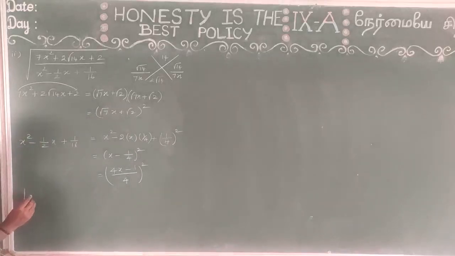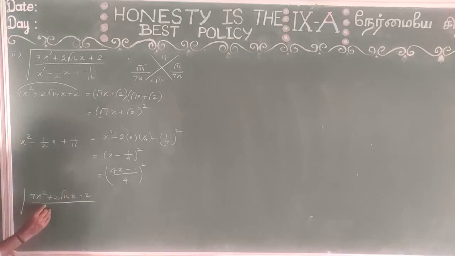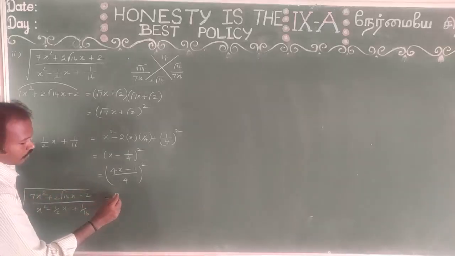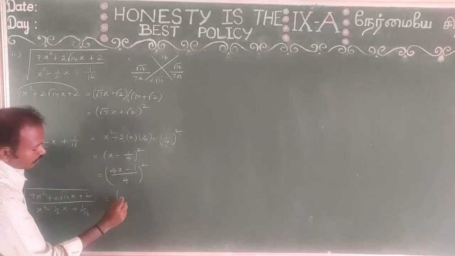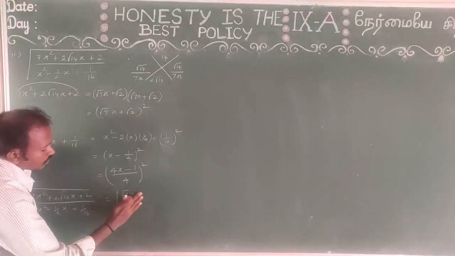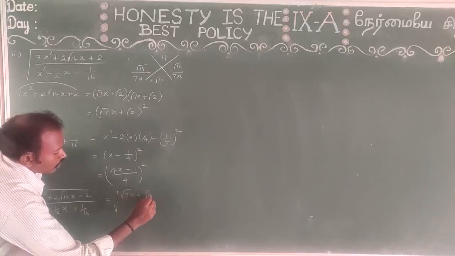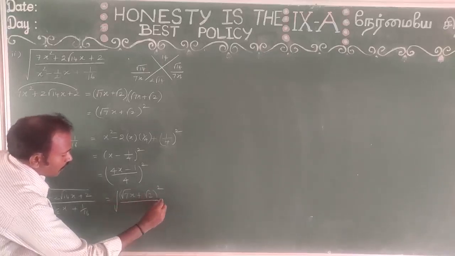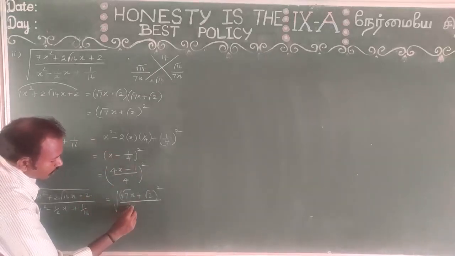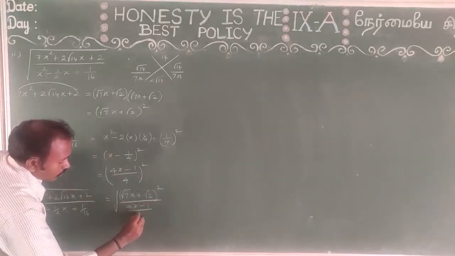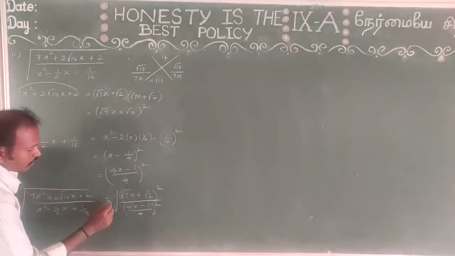Right. The root of 7x square plus 2 root 14x plus 2 divided by x square minus 1 by 2x plus 1 by 16 is equal to root of root 7x plus root 2 the whole square divided by 4x minus 1 divided by 4 the whole square.